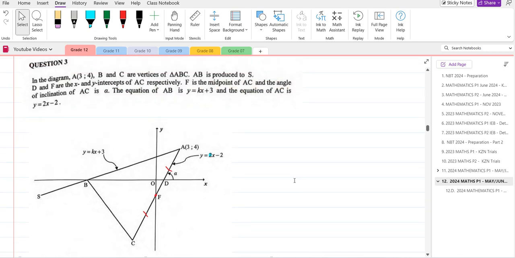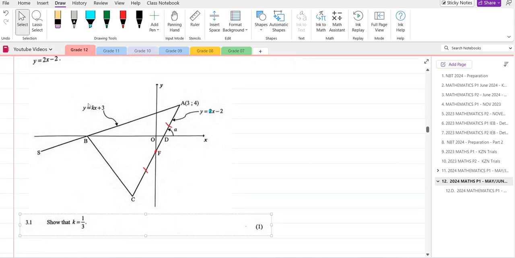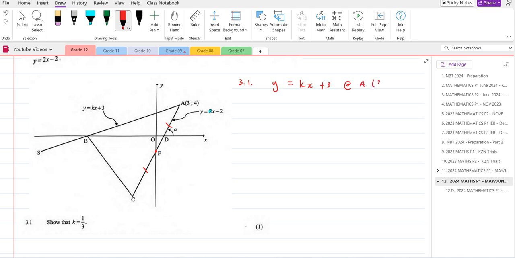How are we going to show that k equals 1/3? We can show that k equals 1/3 by substituting a point that lies on SA. We already have the y-intercept. We can solve for k. So y equals kx plus 3 at the coordinate A, which is 3 and 4, because that point A lies on this equation, right?